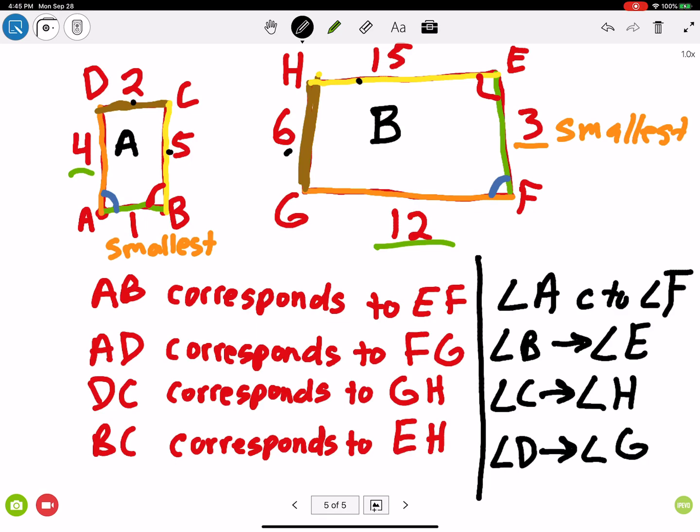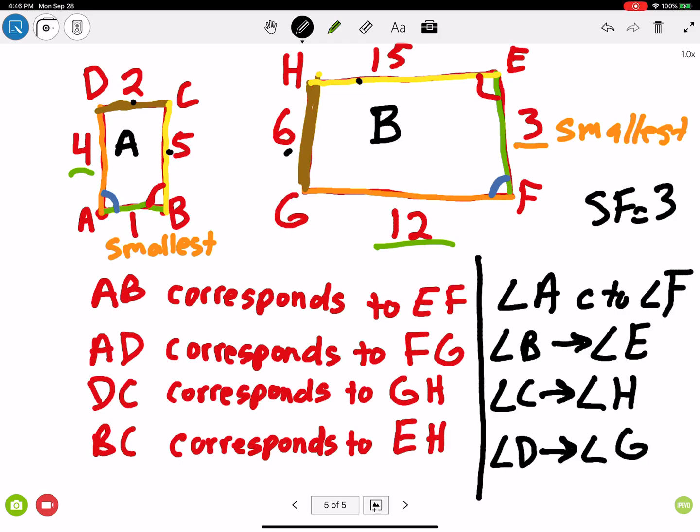Well, my scale factor to go from 2 to 6, from 1 to 3, from 4 to 12, from 5 to 15, my scale factor is 3.